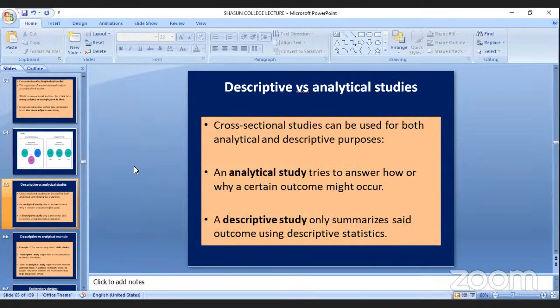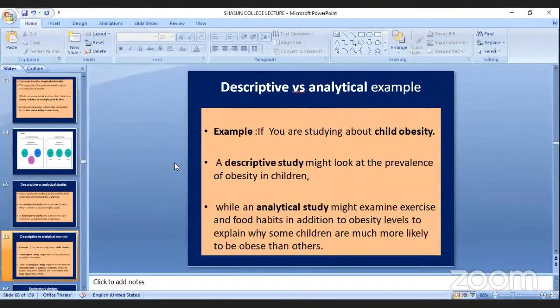Then we come to descriptive and analytical. Descriptive, I told you: you take the basics of statistics like mean, median, mode, and do a research. Analytical is where you go deeper into it. Now I'll give an example. Say you want to study child obesity. You go to a school and identify that there is child obesity. You just give a descriptive study; you study only how many students are affected by obesity.